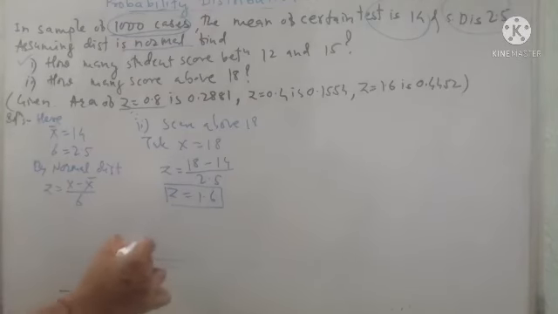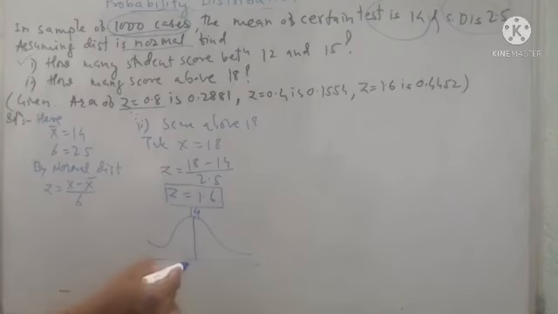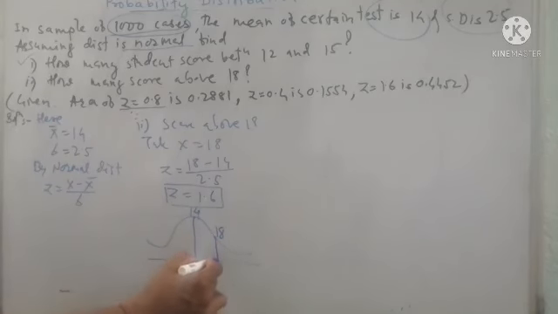Now putting z as 1.6 on the graph, the point at the maximum height on the curve represents the mean, which is 14, and on the axis the normal variable is 0. As the variable 18 is on the right hand side of 14, we take 18 here, with the corresponding z as 1.6.